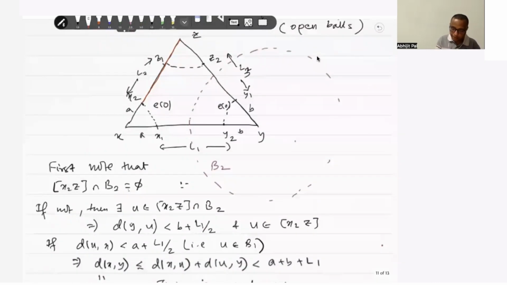Suppose it intersects. Then there exists a point U in the intersection of X to Z and B2.